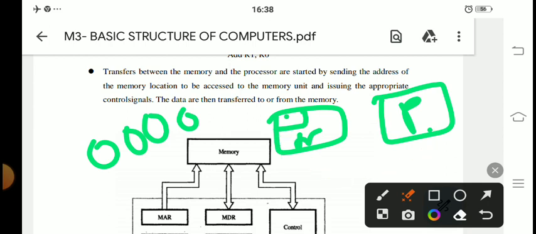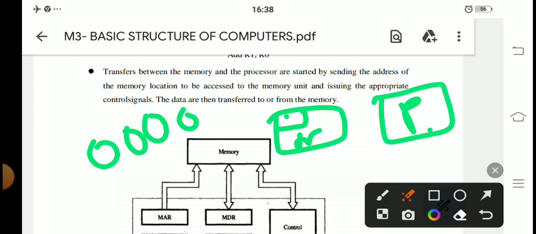For example, if it wants the contents of this location, it will send a read signal. The processor sends the address as well as a read signal. Then the contents in memory location 0000 will be read, and those contents will be stored in a register, for example R0, R1, whatever.